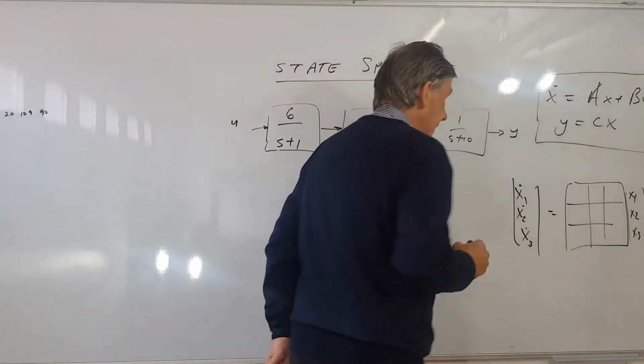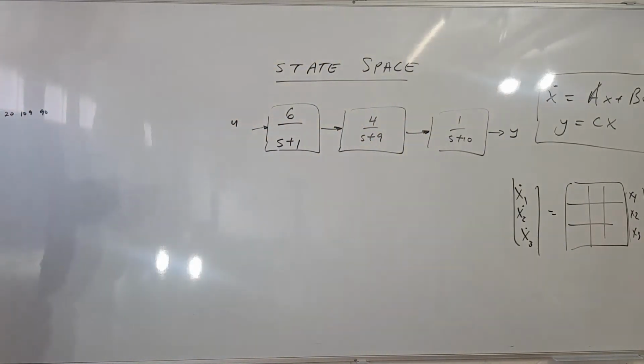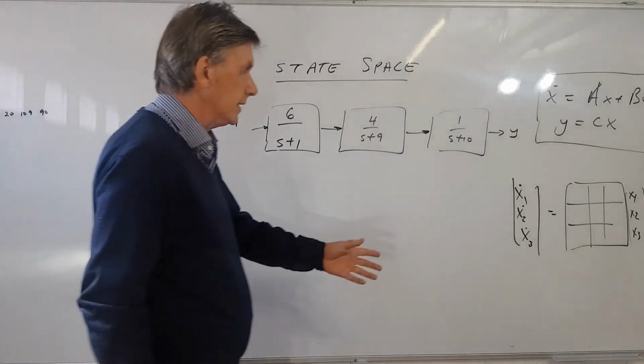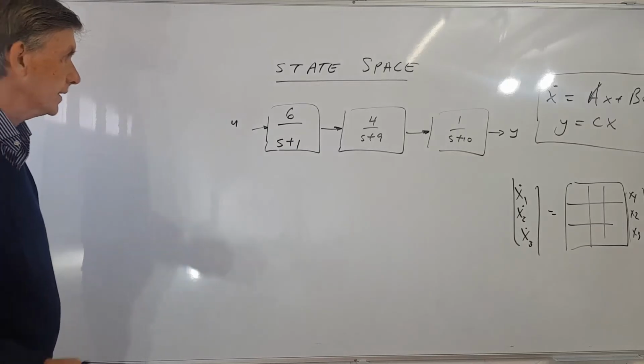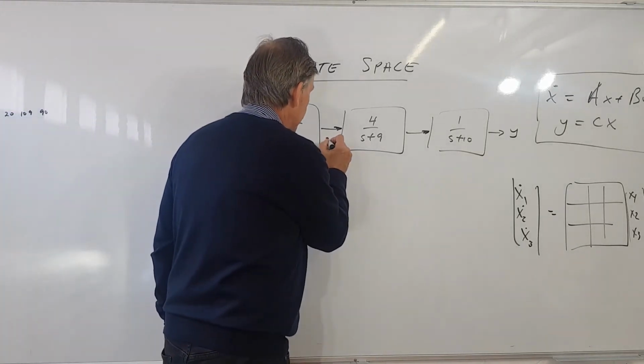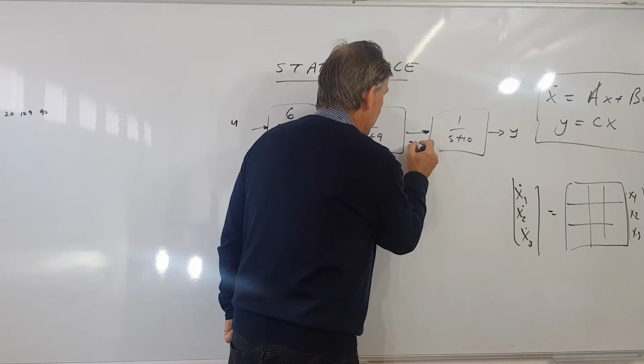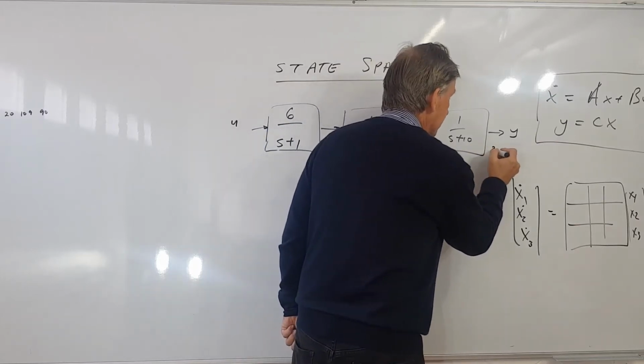So there's our format for our state space equations, and there are a variety of ones we could get in here, but what we're going to do in the first instance is label this variable here x1, that one x2, and this one x3.